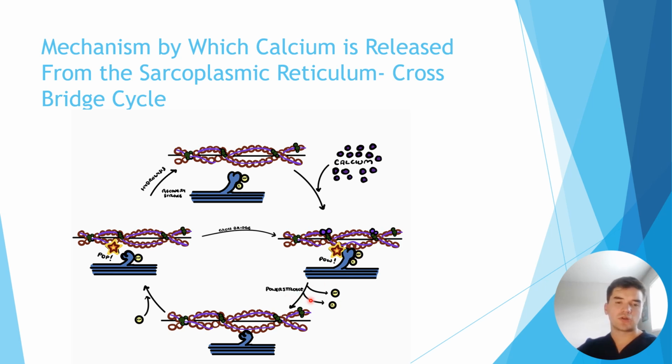But something called a power stroke can happen, where ADP and Pi are thrown off of this molecule, causing it to go back into a stuck state. When ATP comes in, ATP will actually allow it to disconnect, and two different things can occur.